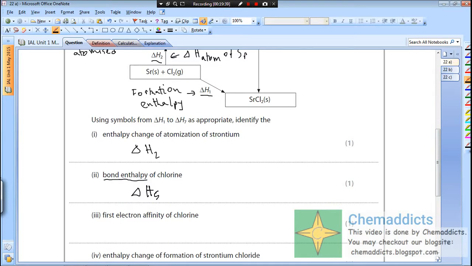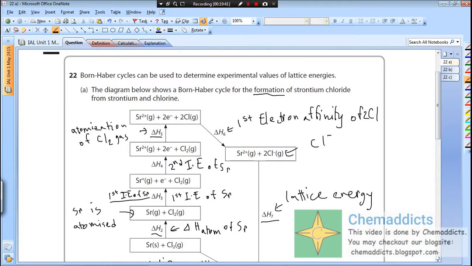Simply let us put it in a simple way: in this step chlorine bonds have been broken. Here it is a chlorine molecule, in here it is chlorine atoms. So chlorine molecules are broken down into chlorine atoms. So this should be bond enthalpy. Okay.